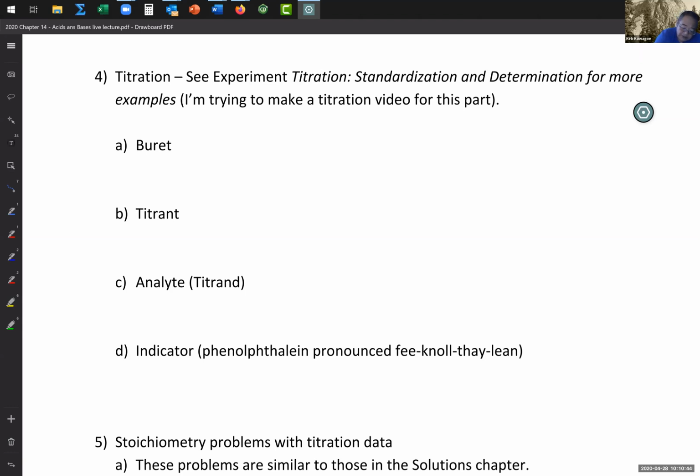I have a solution and a burette. Now, it has volume markings on the side.